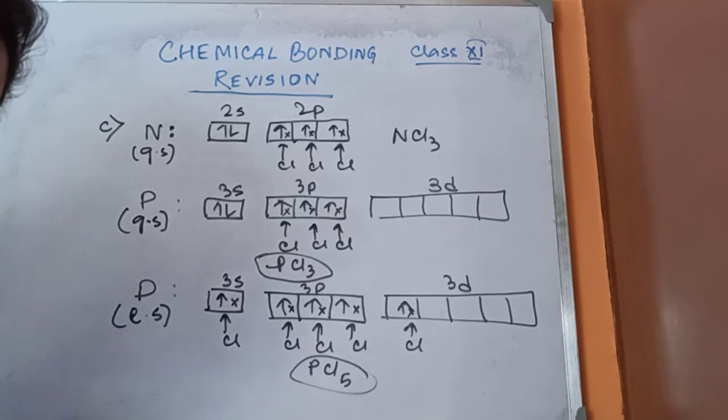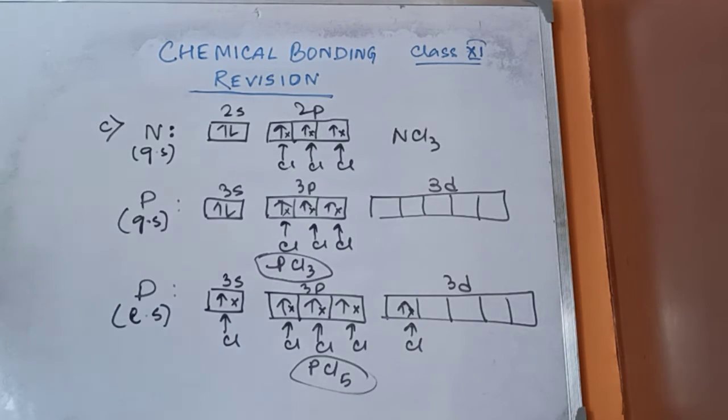As a result, phosphorus can form trichlorides as well as pentachlorides, but nitrogen will form only trichloride. So why? Because nitrogen does not have vacant accessible d orbitals where an electron can be promoted and nitrogen can go to the excited state.